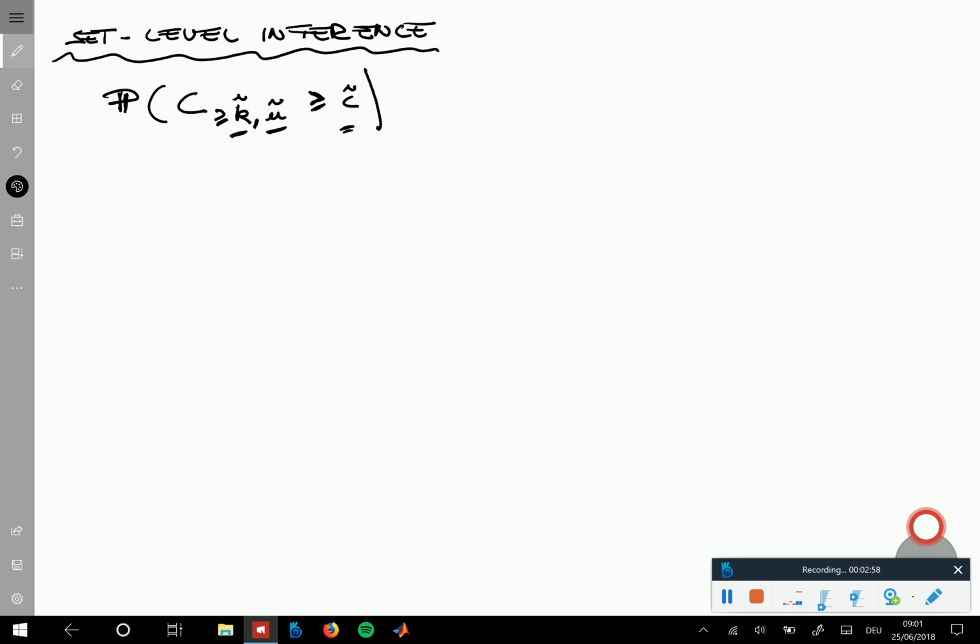So the question is, under the null hypothesis, how probable is it to see as many clusters as you have observed or more, like always in this p-value logic? What is the probability to see as many clusters as you have observed or more under the null hypothesis, given values of the cluster forming threshold u and cluster extent threshold, or a volume equal to or larger than k, as you have defined?